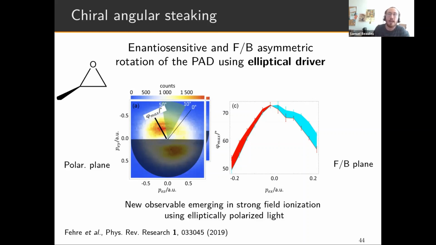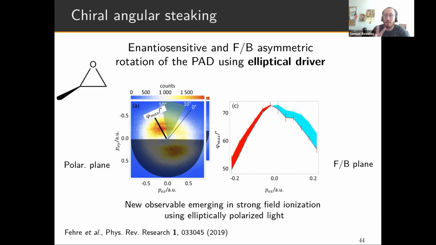And by looking at the angle at which the photoelectron angular distribution is maximal in the polarization plane, what they call phi max, as a function of the momentum coordinate along the light propagation direction, which is here PEX on your right, they have shown that the angular offset of the photoelectron distribution is forward-backward asymmetric, as you can see on the panel on your right.